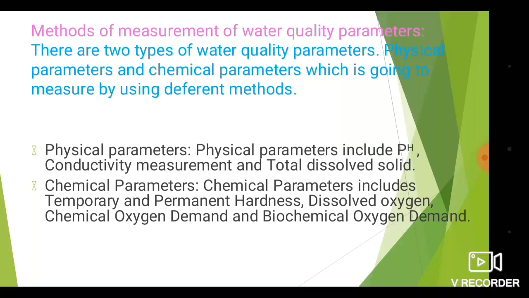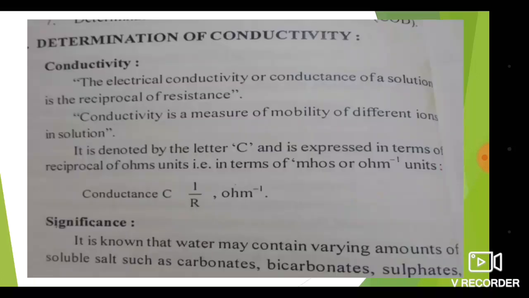The chemical parameters include temporary and permanent hardness, dissolved oxygen, chemical oxygen demand and biochemical oxygen demand. So let's learn one by one the physical quality parameters for water. The first one is conductivity.